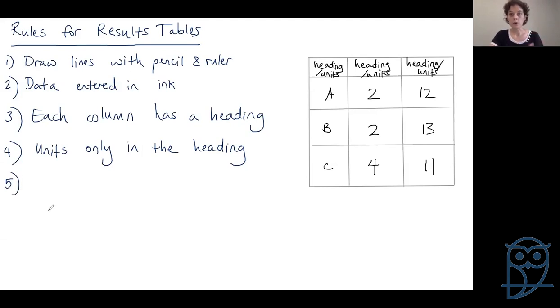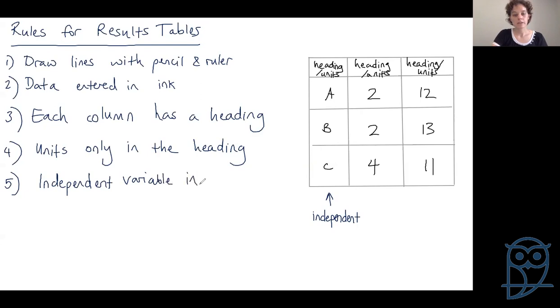How do we know what to put where? This first column here is always our independent variable. So, independent variable in first column. Now remember that independent variable is a thing you're setting.